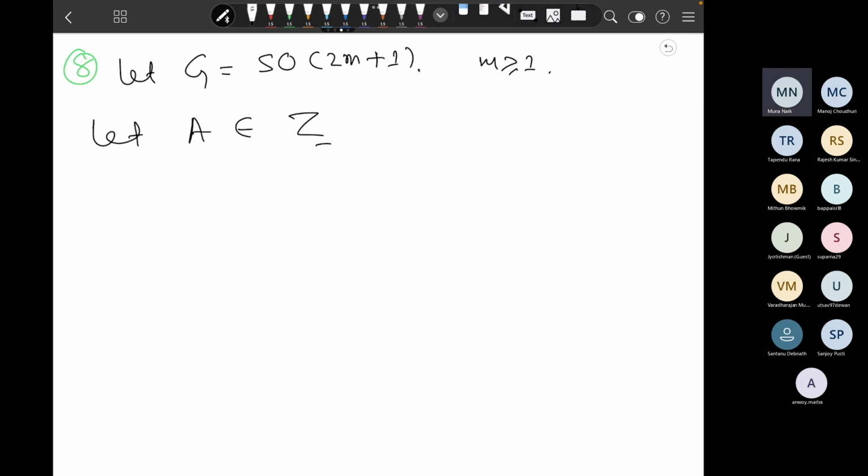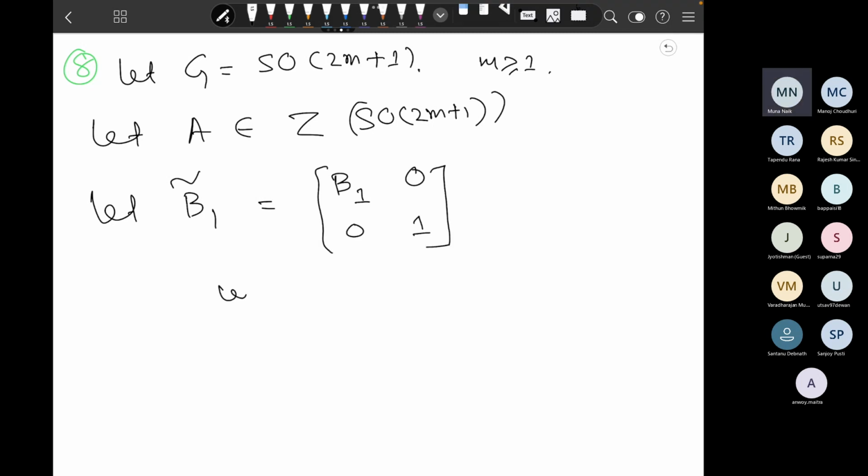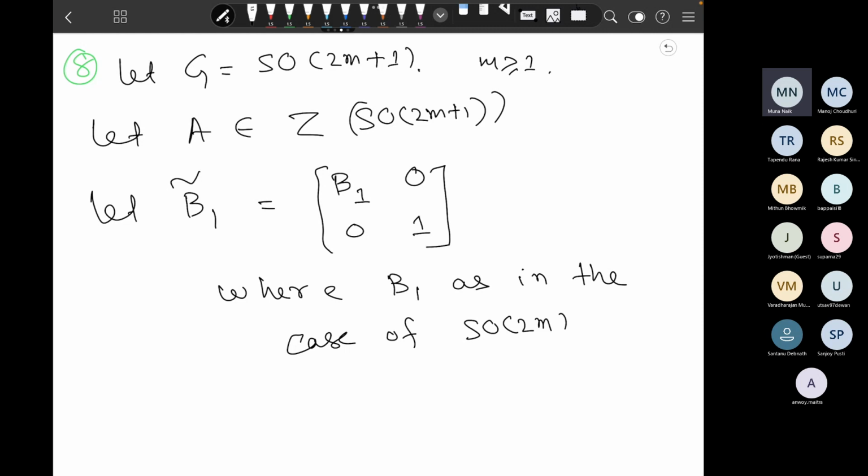Let A belong to the center of SO(2m+1). Let B1 tilde be equal to B1 with 0 0 1, where B1 is as in the case of SO(2m). But the thing is, here one is another eigenvalue. So I take this B1 as in the case of SO(2m), and I will take another condition because one is another eigenvalue, so that e to the power i theta j is not equal to 1 for j from 1 to m.